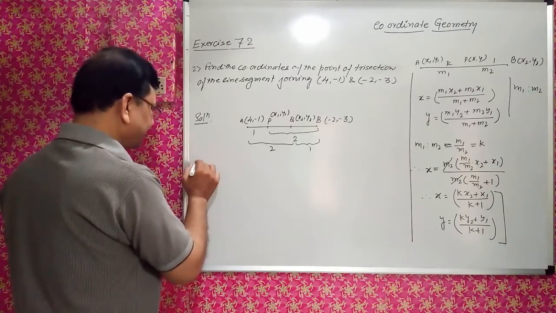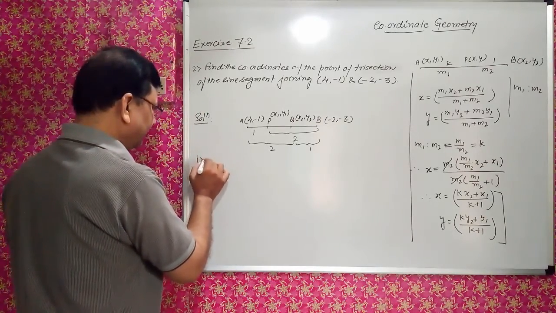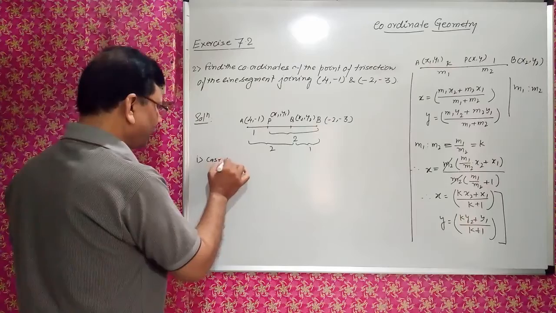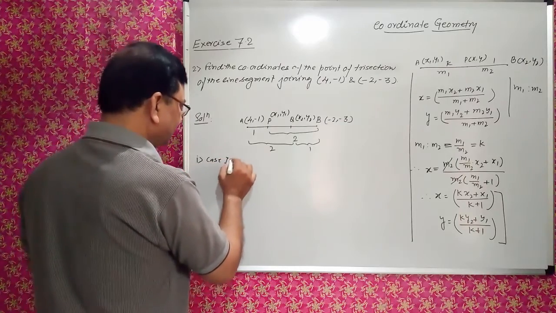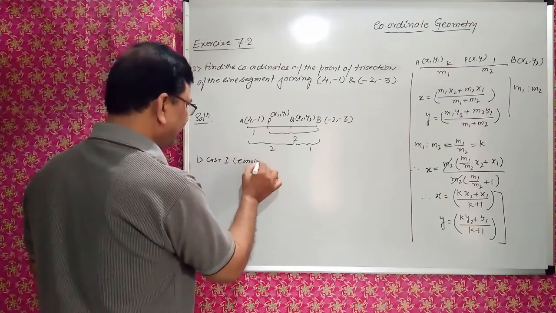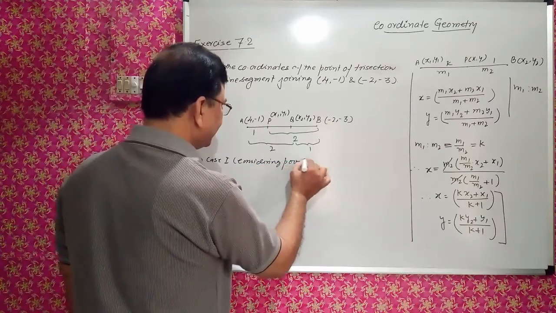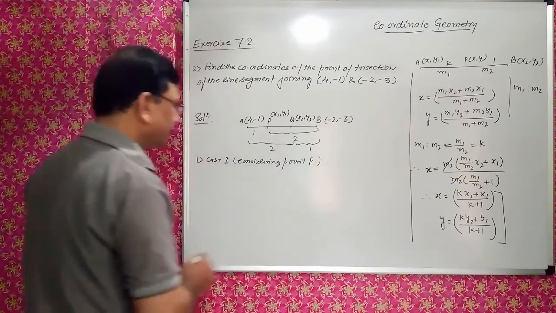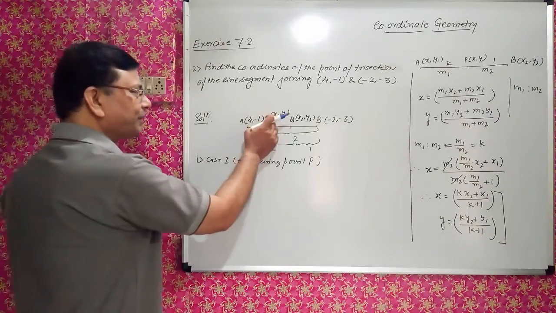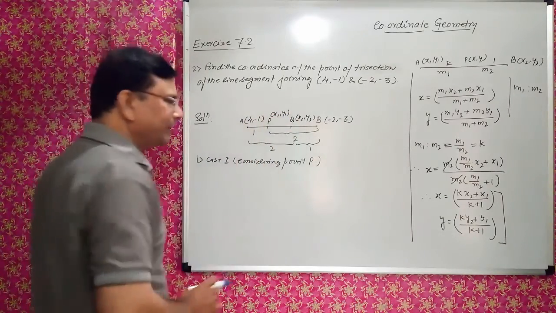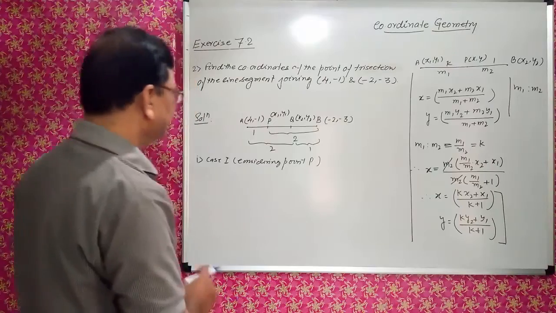So first case. Considering point P, I am considering this point because this point divides in the ratio of 1:2.